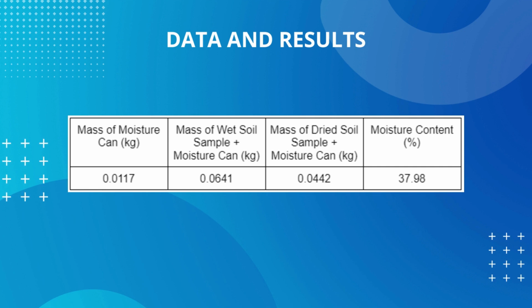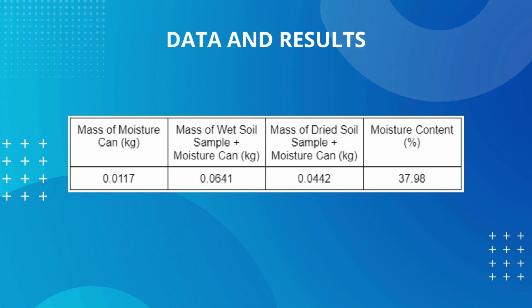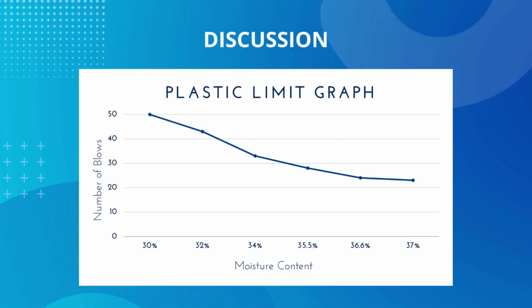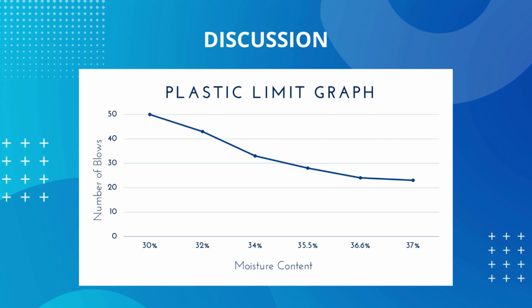The equation is 0.0641 minus 0.0442 over 0.0641 minus 0.0117 ... The calculated moisture content is 37.98%.